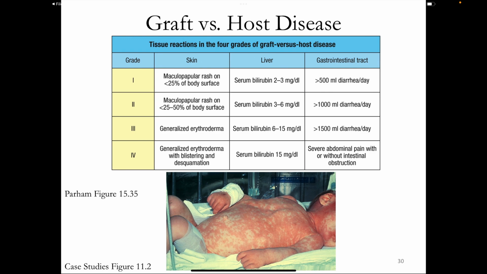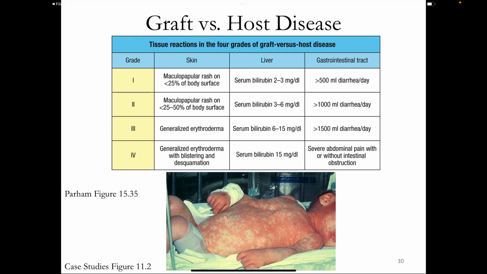And so graft versus host disease can be of varied severity. It generally involves a lot of rash. You can see, some of these are basically rash over the entire body surface. You can see a lot of liver destruction. You can see lots of GI tract destruction.